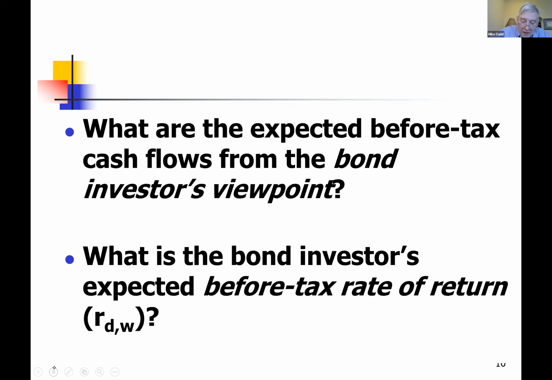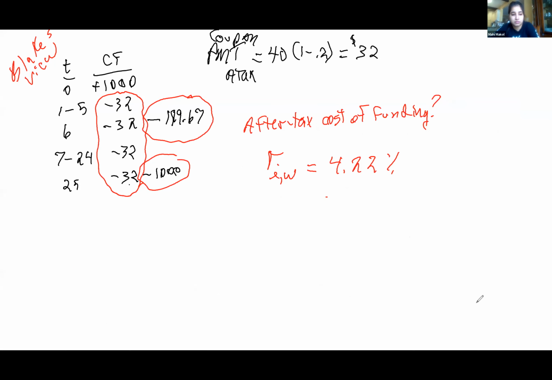If an investor, a bond investor, bought the bond, what would be the rate of return to the bond investor? Are you guys both there? Yeah. Cool. All right. For the bond investor, a lot of it would look the same, except the signs would change and it would not be after tax.